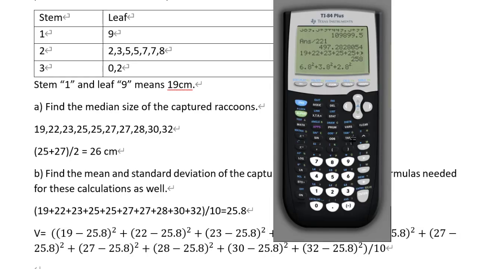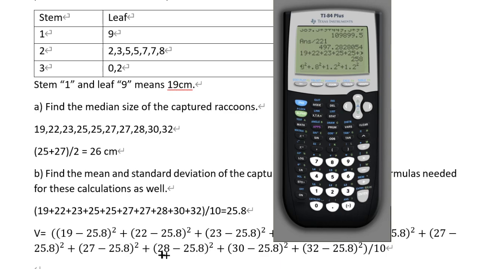Okay, so in that case it will be plus 0.8 squared, and then plus 0.8 squared, plus then 27 and 25.8, that's a 1.2 difference. 1.2 squared plus 1.2 squared.